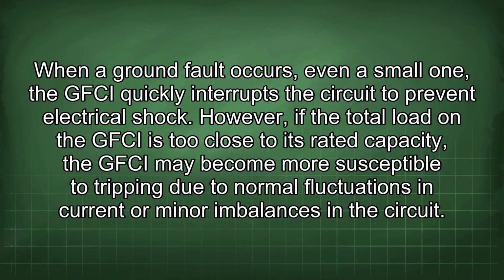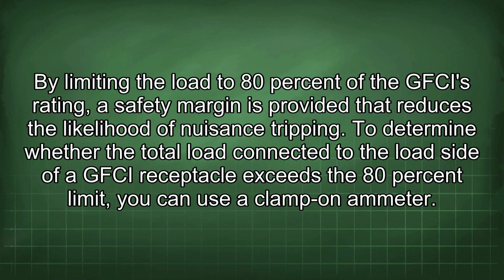However, if the total load on the GFCI is too close to its rated capacity, the GFCI may become more susceptible to tripping due to normal fluctuations in current or minor imbalances in the circuit. By limiting the load to 80% of the GFCI's rating, a safety margin is provided that reduces the likelihood of nuisance tripping.